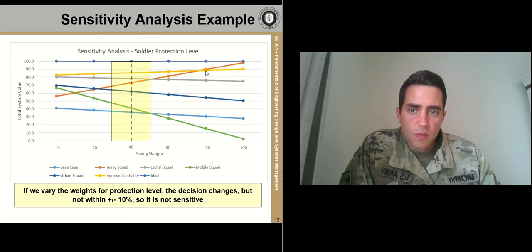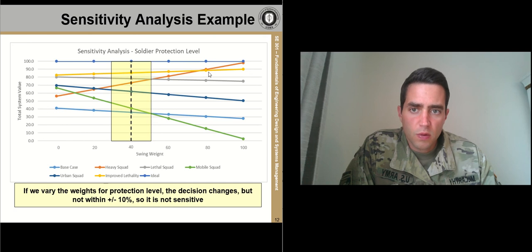At 80, the heavy squad alternative, the orange line, passes the yellow line, improved lethality, in overall value, which means that with a swing weight of 80 in the soldier protection level value measure, our winning solution would actually be heavy squad.